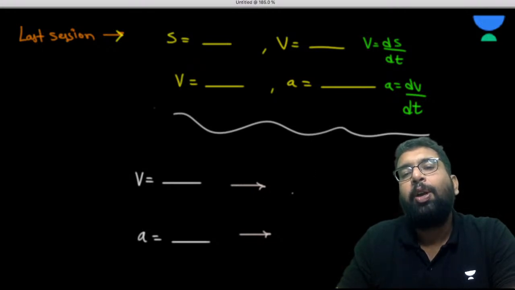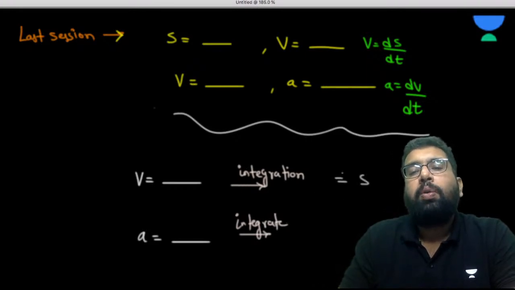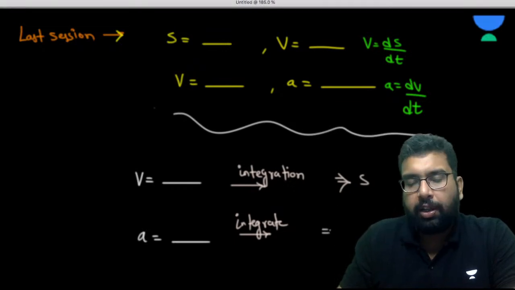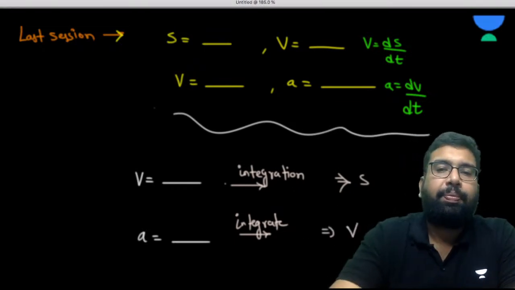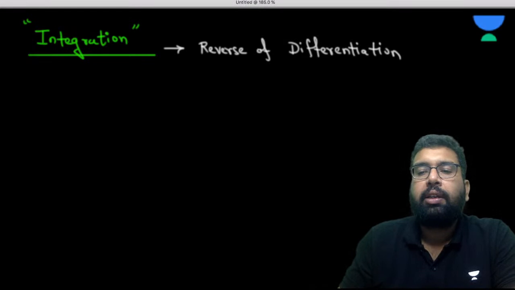That means you need to do integration. When you integrate the velocity, you get the displacement, and when you integrate the acceleration, you get the velocity. This is what we have come to know. Now see, this is the sign of integration.